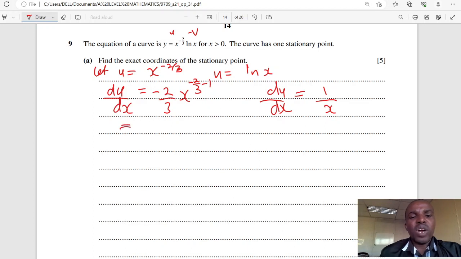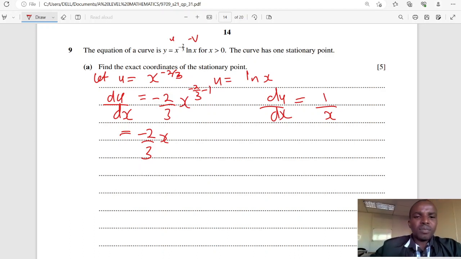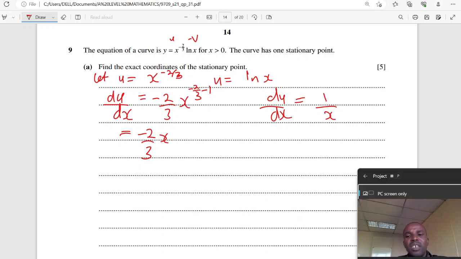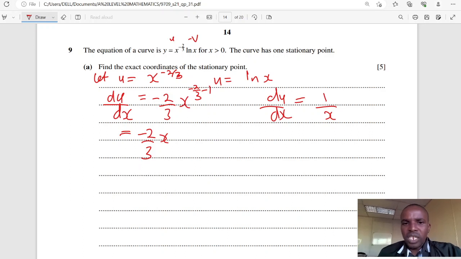Then differentiate this part. What we get here, simplified, is minus 2 over 3, then x to the power, right, minus 2 over 3 minus 1. What is minus 2 over 3 minus 1? You can punch it in your calculator. It's not minus 4 over 3, it's actually minus 5 over 3.